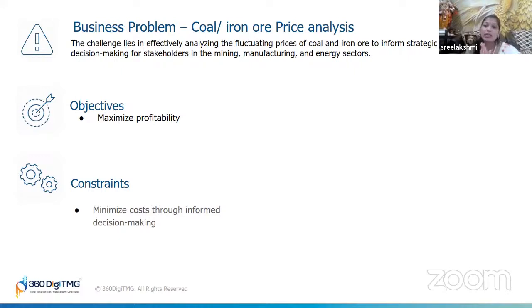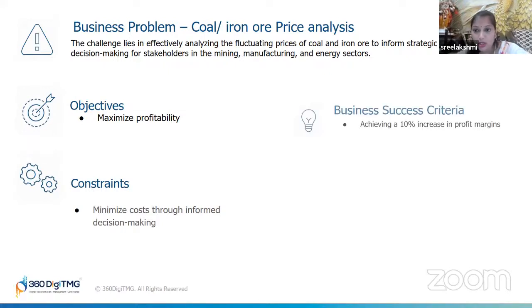We all know these prices will be fluctuating, so when is the best time to buy this coal or iron ore? Based upon that, we'll get maximum profitability. But the constraint is to minimize the cost through informed decision making, so while taking the decision, we have to cut down the cost.